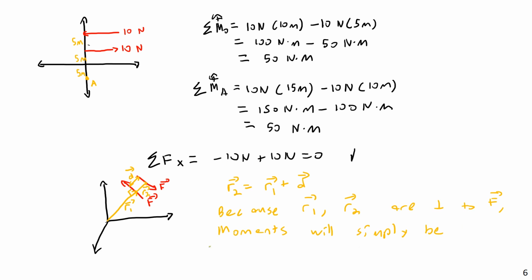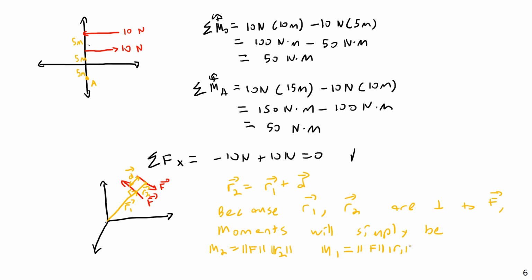M2 would equal the magnitude of F times the magnitude of r2, and then M1 would be the same: the magnitude of F times the magnitude of r1.